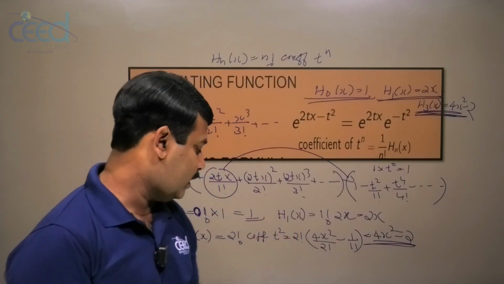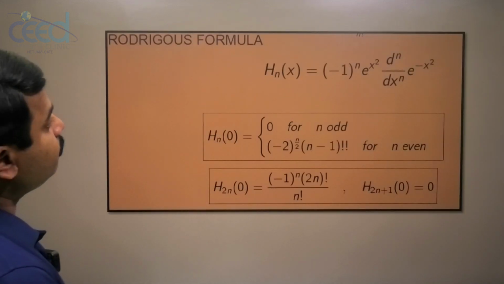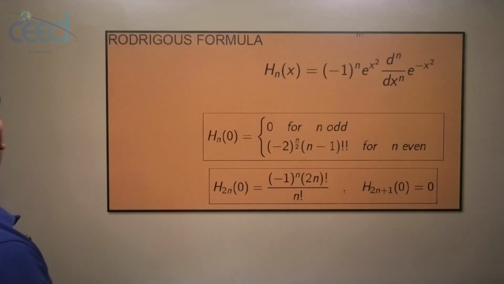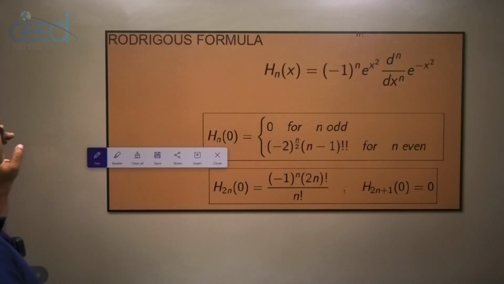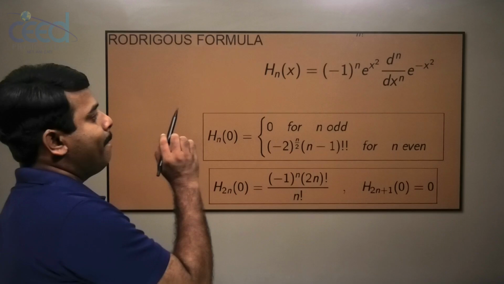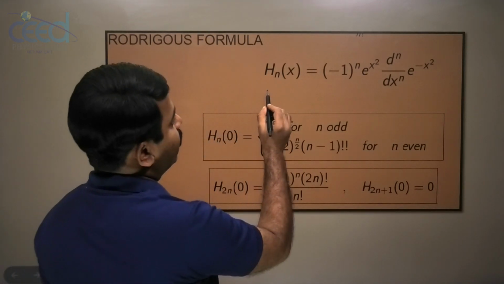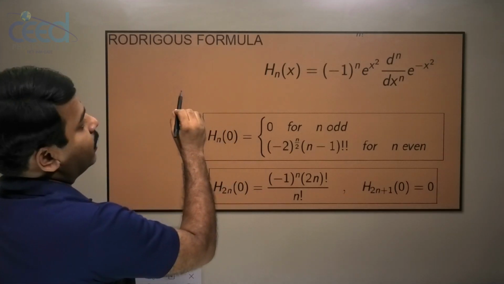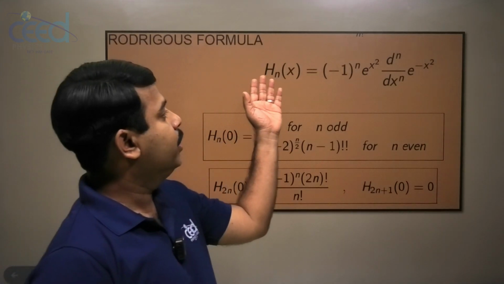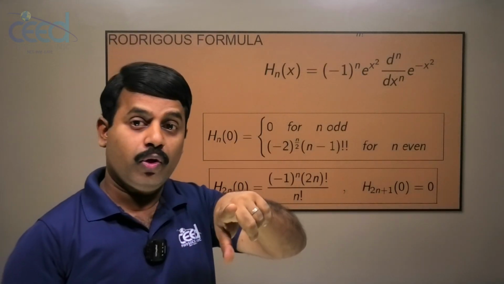Alright. Now let us go to another section. See, Rodrigues formula. Right. That is also very important. We can verify that. See, what we studied. You can verify. Rodrigues formula means a differential equation used to find the Hermite polynomial value.